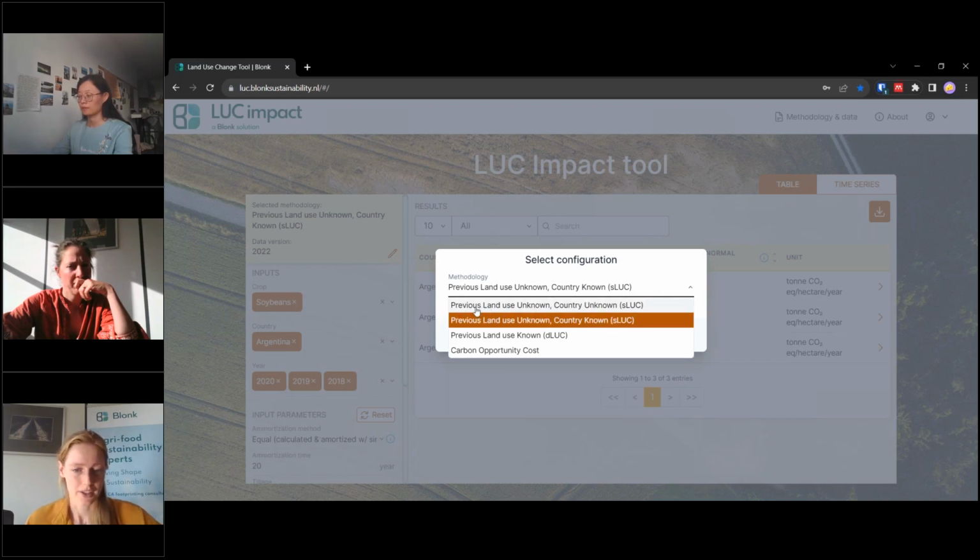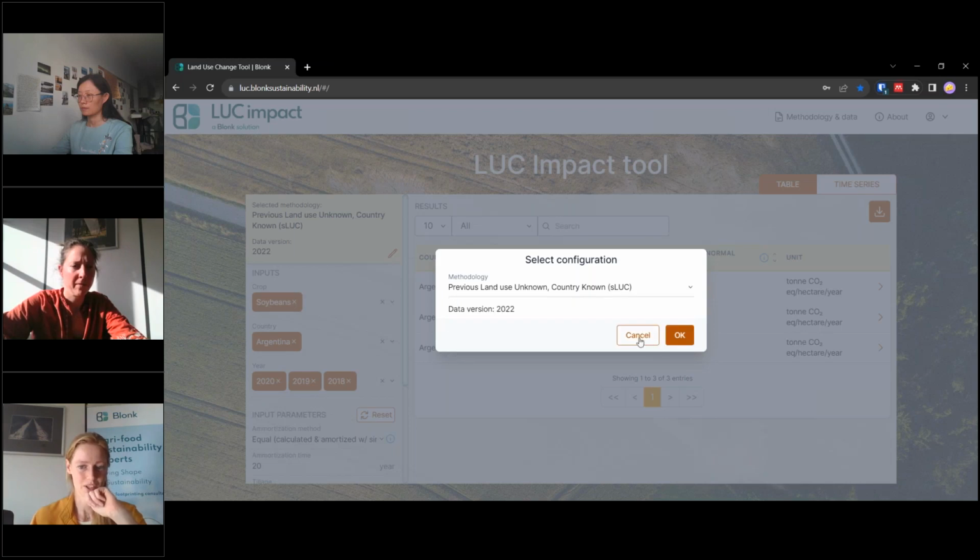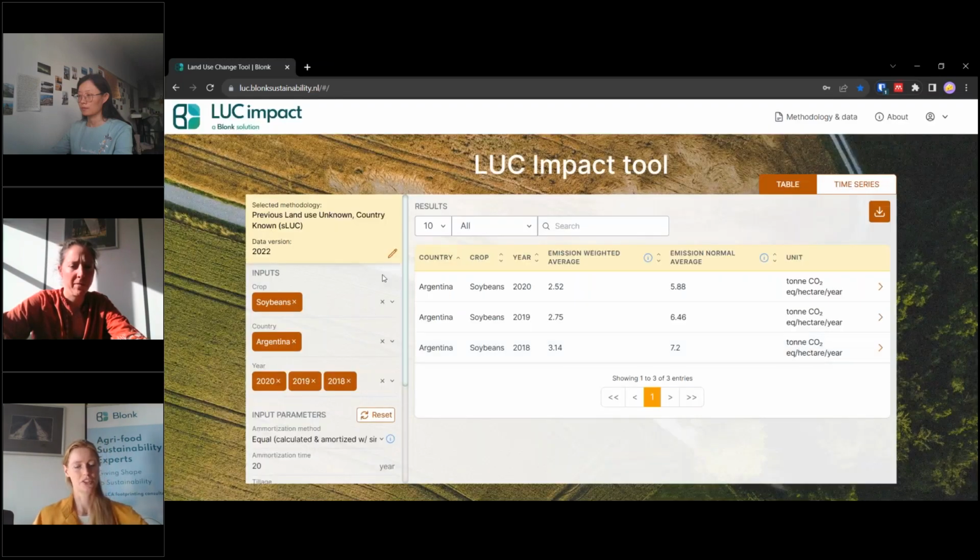This can be on the most generic level, if both your previous land use and your country are unknown, the global weighted average, or we can do statistical land use change on a country level, which is the one that I'll look at now. And then later we can briefly look at how the direct land use change and the carbon opportunity cost function works. But let's stay at this functionality for now.